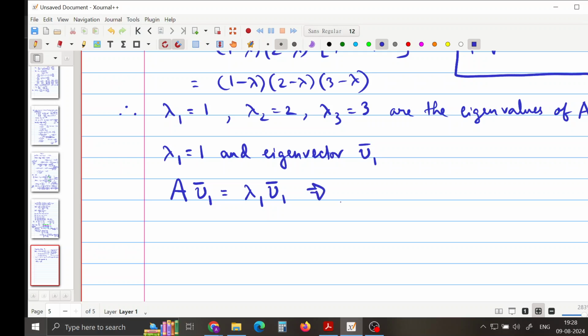So this can also be rewritten as A minus lambda 1 times identity acting on v1 is equal to the zero vector. Are you okay with this step? Basically, I'm subtracting it.